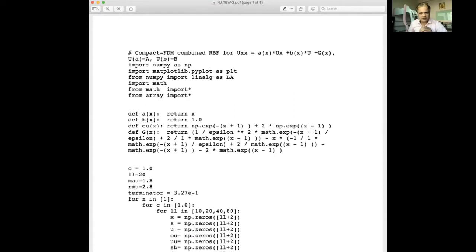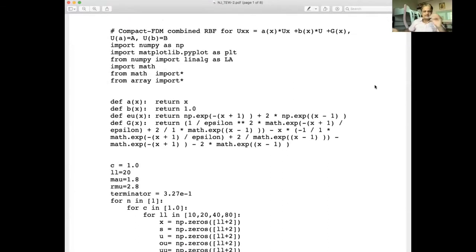Last time I discussed the Gauss radial basis function and 3-point compact discretization for a non-linear second order differential equation.